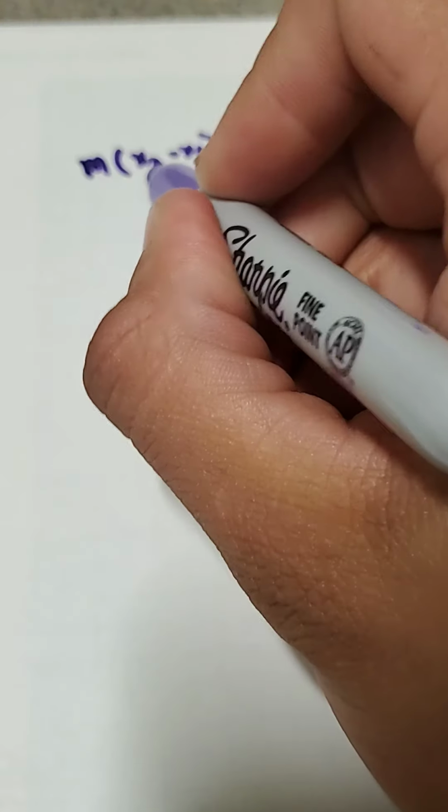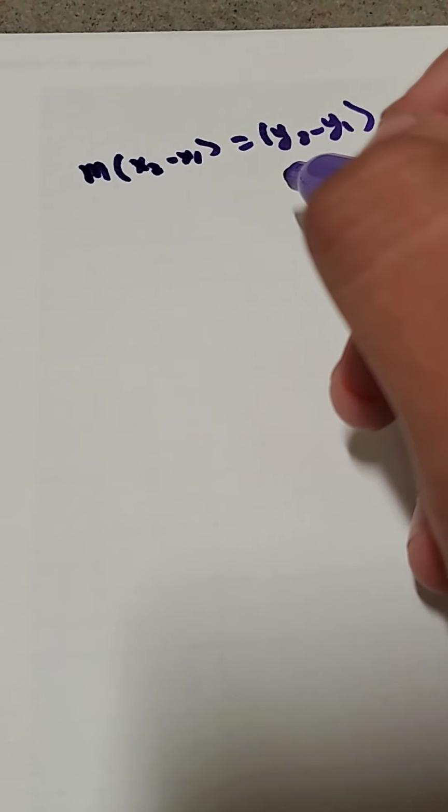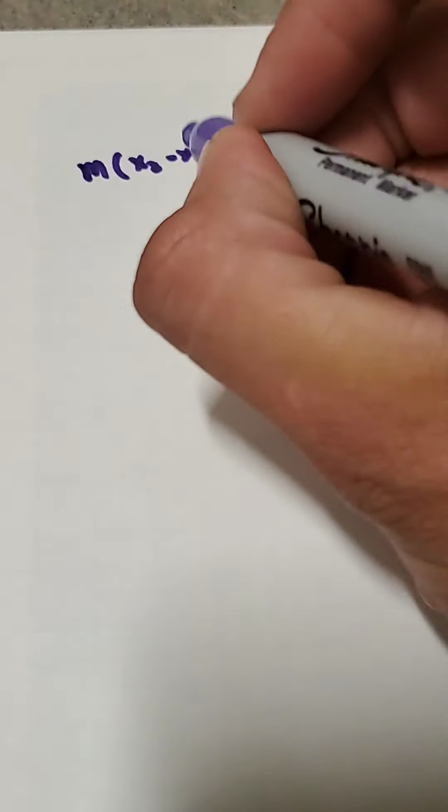So m times (x2 minus x1) is equal to y2 minus y1. This can also be written as x final minus x initial, where x naught is the initial and x final, xf or x, is the final.